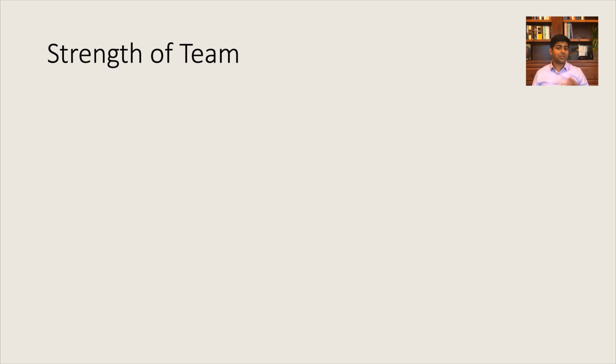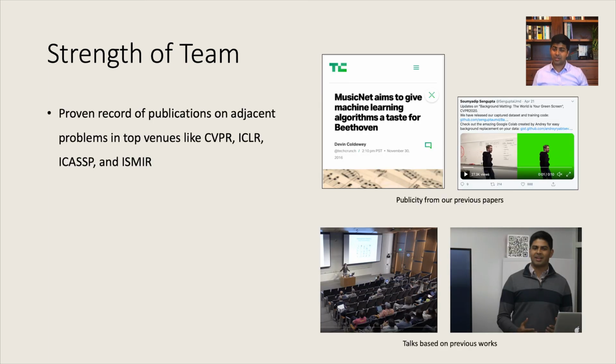John and I have a unique combination of skills and experiences that make us particularly well suited to solve this problem. Firstly, we've published several papers at top conferences in the areas of audio and signal processing. Some of John's work has also been featured in venues like TechCrunch and the London Times. We've also made significant progress on this project since we first began the proposal.